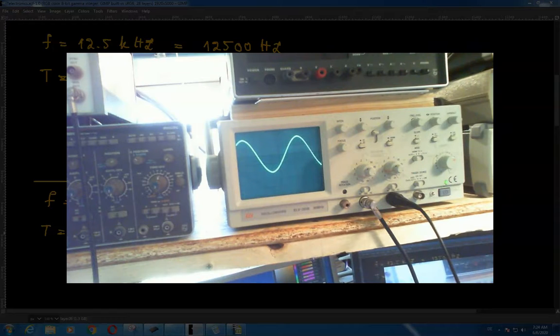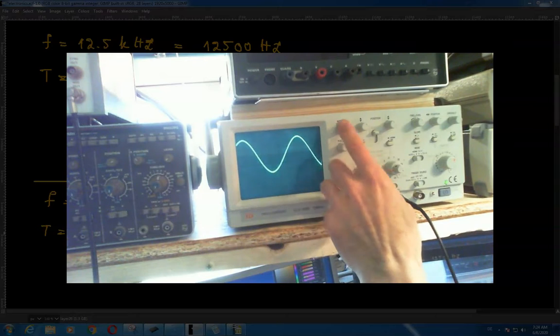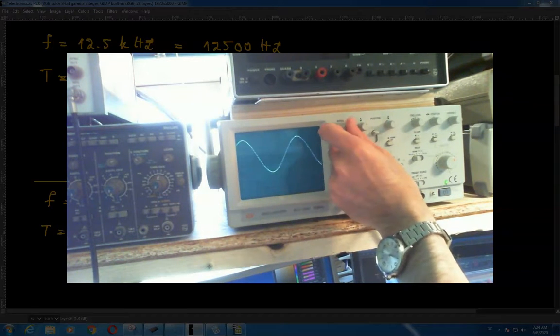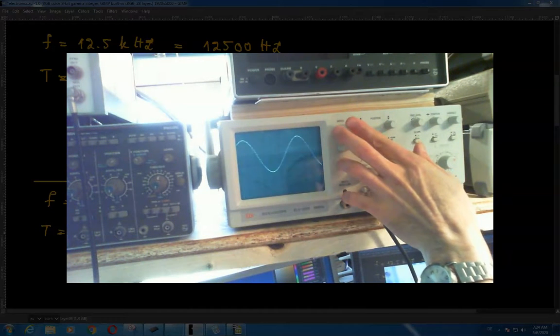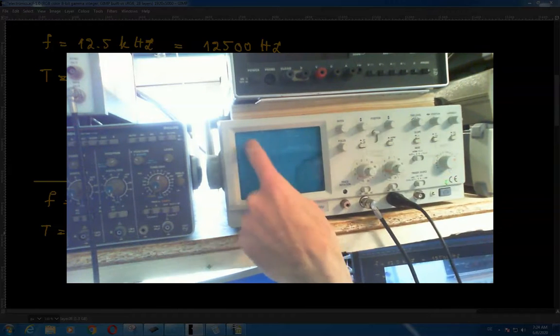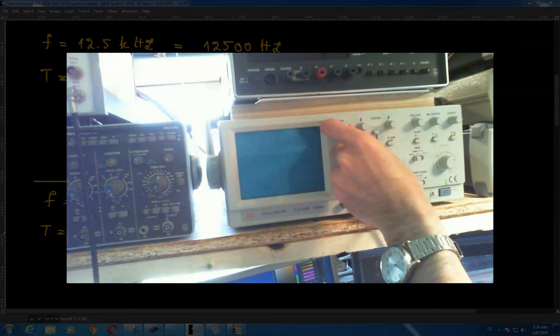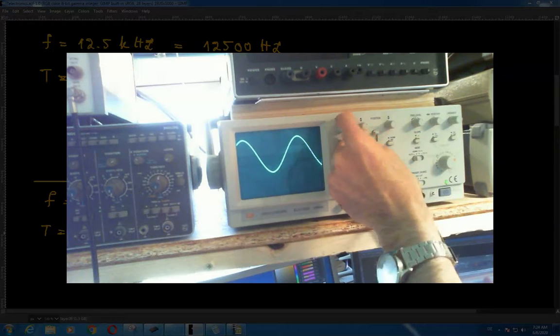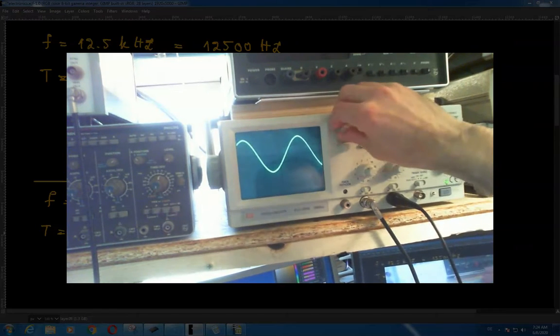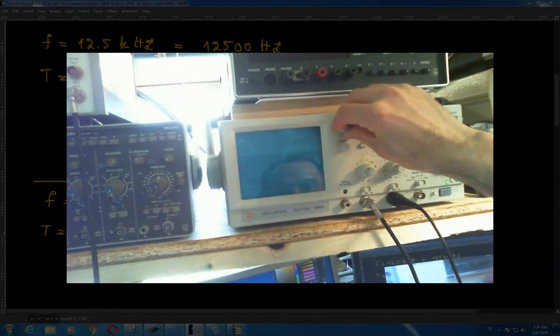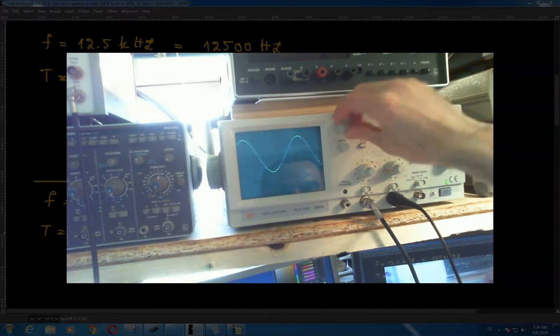Okay, so on an oscilloscope you essentially have the intensity, meaning that when you turn this down, the intensity of this beam of light goes down, and this way it goes up, and you have to adjust this in such a way that it doesn't hurt your eyes.